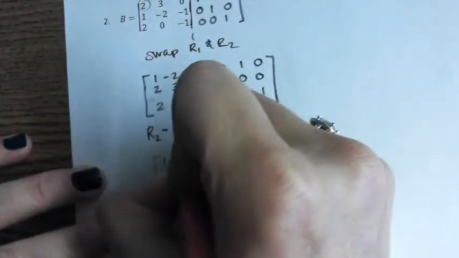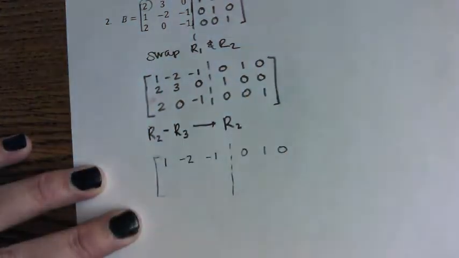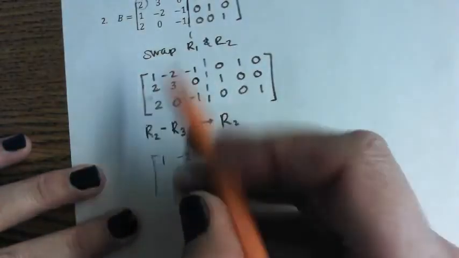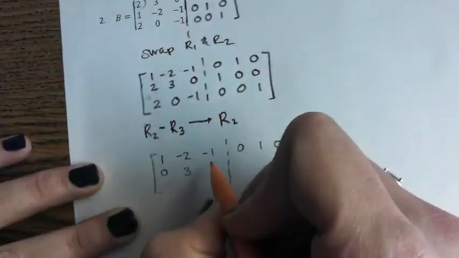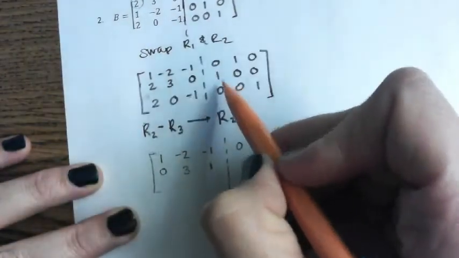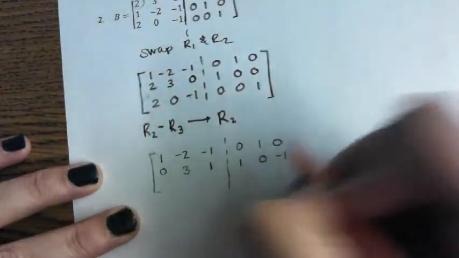So row 1 is exactly the same. And 2 minus 2 is 0. 3 minus 0 is 3. 0 minus negative 1 is 1. 1 minus 0 is 1. 0 minus 0 is 0. 0 minus 1 is negative 1.